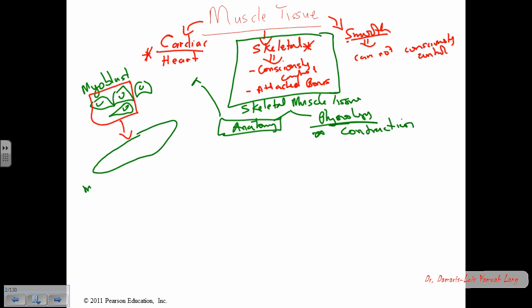Since it's three cells, we'll have three nuclei. That's why the muscle fiber is also multinucleated. And then one of the cells will form the satellite cells, or myosatellite cells. And these satellite cells are important to repair the muscle fiber when there is any damage.